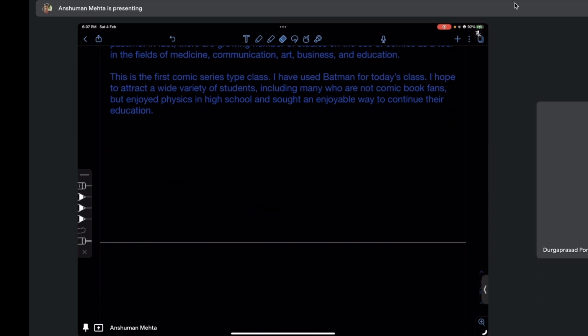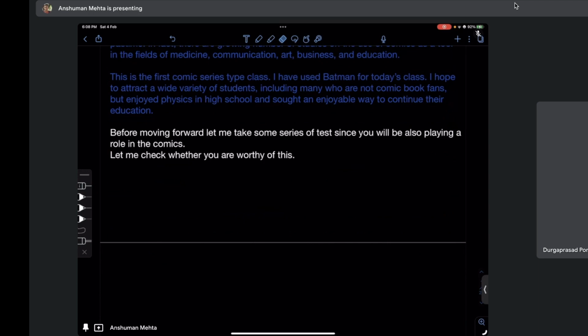So for these comics I wanted to put a disclaimer, so that we can solve our real problems, which are the course problems. Before moving forward, let me take a series of tests, since you are part of this comic. I have made this comic in such a way that you are playing a character.